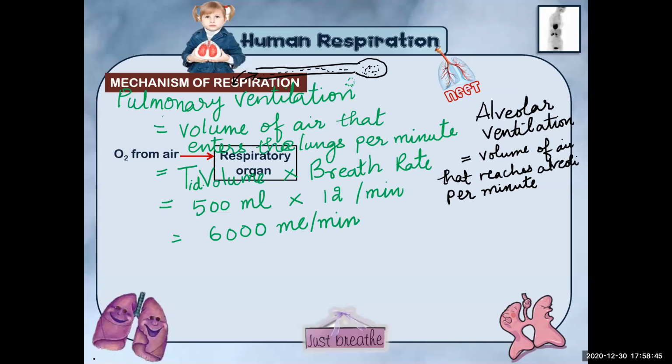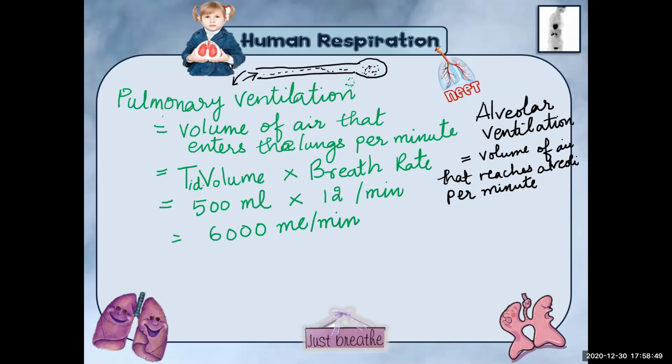That the balloon will not receive the entire air. So the volume of air present in the tubes will not reach the alveoli. Do you remember a concept like this which I taught you when I was doing the parts of respiration?